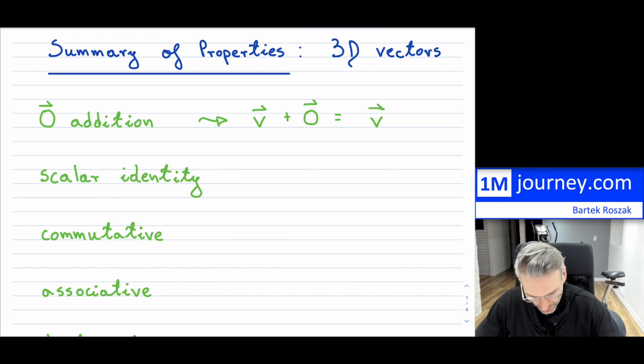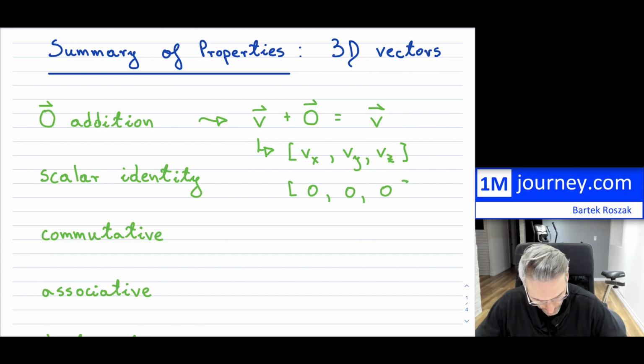And of course, if you wanted to show this directly, you would do it in this way. You can take each component, the Cartesian components of each. So Vx, Vy, and Vz, that will be your v vector. And then your zero vector can be simply 0, 0, and 0.